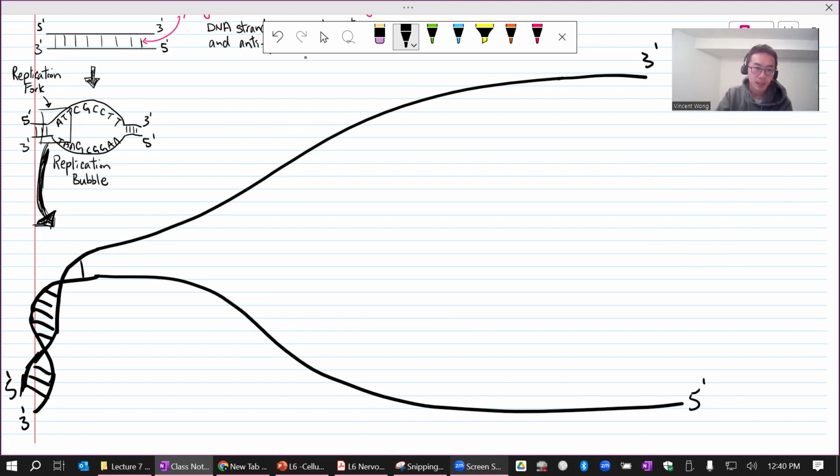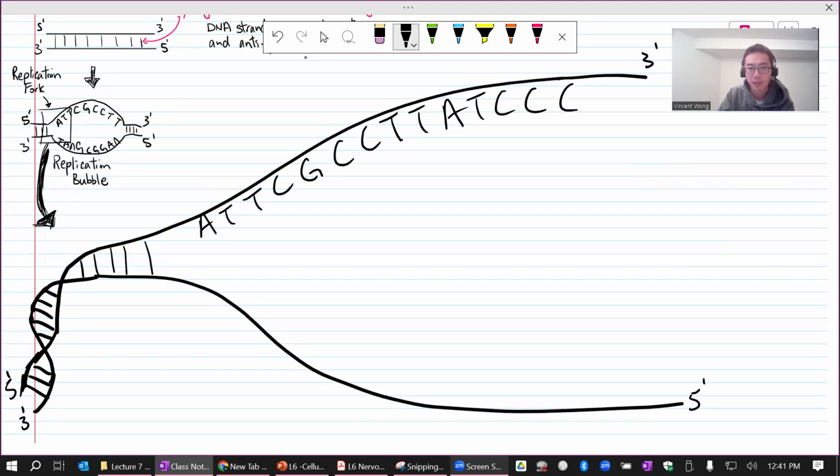Okay, so this is going to be bonded together, and I'm going to put a few letters here to help us understand as well. I'm just going to randomly draw other letters. It doesn't necessarily match there, it doesn't matter. Okay, maybe I'll match it. Whatever. C C T T. I'm going to add some more.